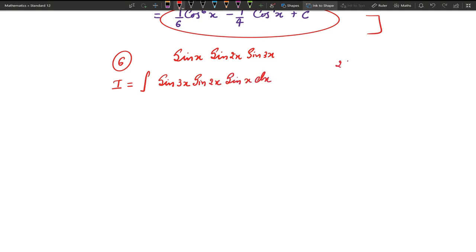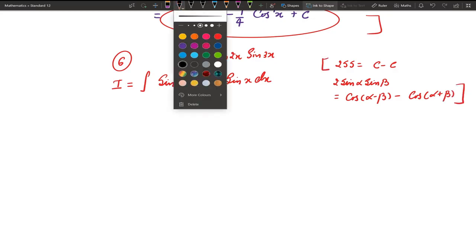Now we use this formula: 2 sin alpha sin beta equals cos(alpha minus beta) minus cos(alpha plus beta). Using this basic formula of trigonometry, we will integrate this.